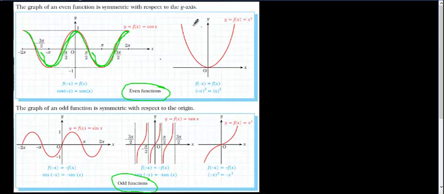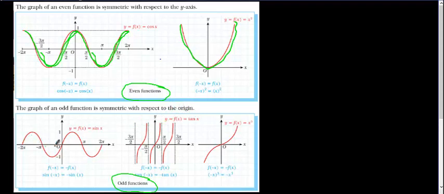Now, again the y-axis here. I'm drawing this graph, and when you change this one here, as you see, it is the same. This one and this one are the same. So the function is an even function. What about an odd function? An odd function is symmetric with respect to the origin.